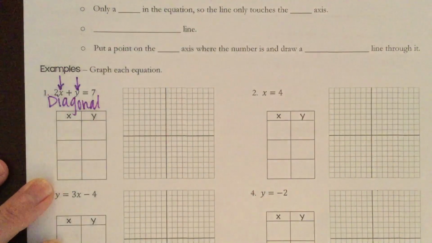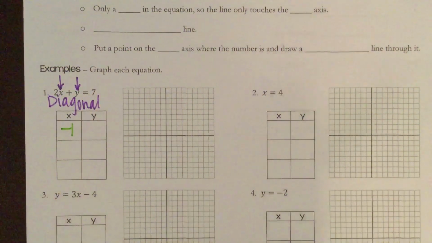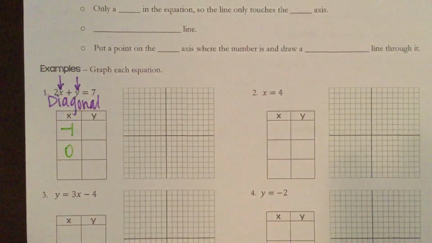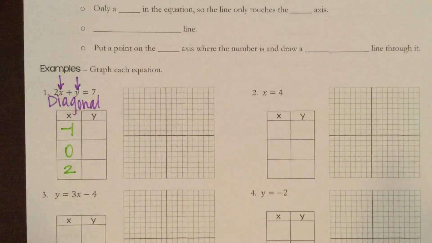You are going to randomly select a negative number to put in your table. I have chosen -1. You are going to always include 0 in your table. And then you are randomly going to select a positive number. For this one, I'm going to try 2.